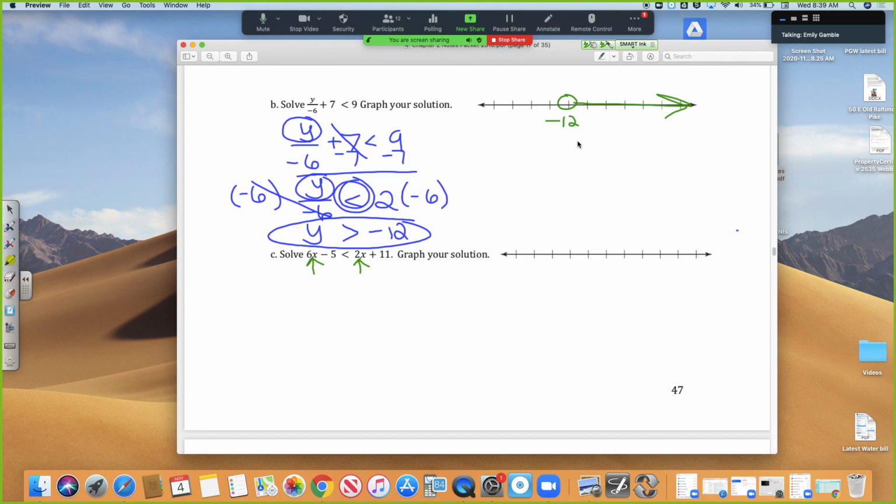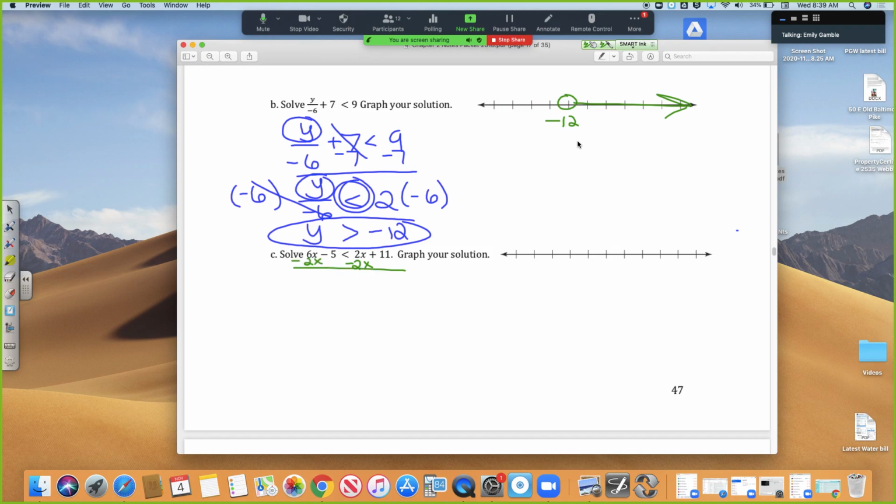Your options would be to either move the 6x to the right or move the 2x to the left. I would rather move the 2x to the left because I know if I'm going to move that, I have to do the opposite of what's happening. It's a positive, so I'd have to subtract 2x from both sides.